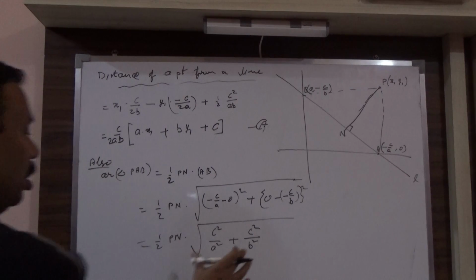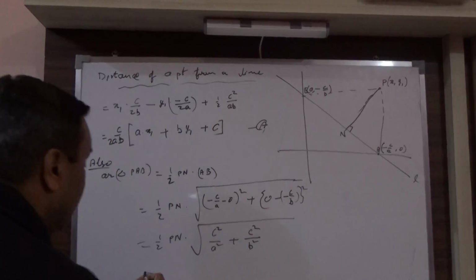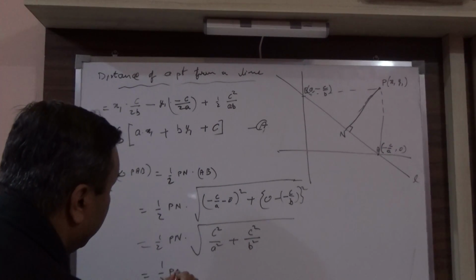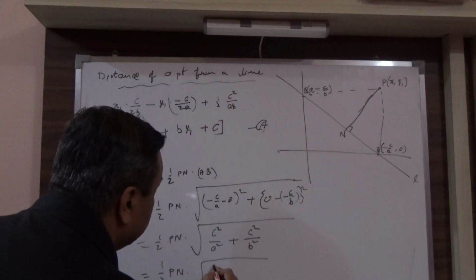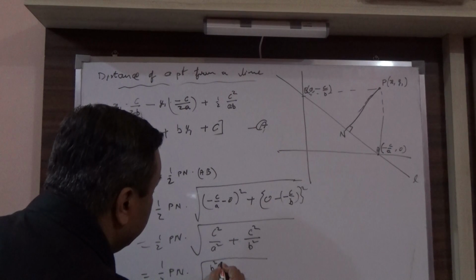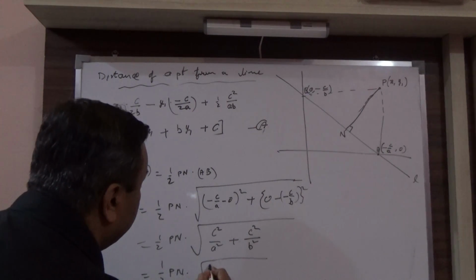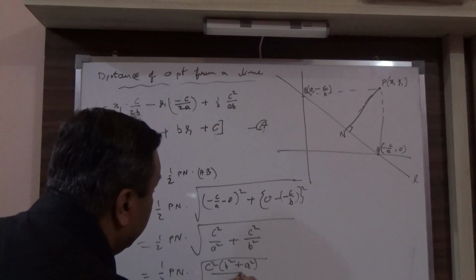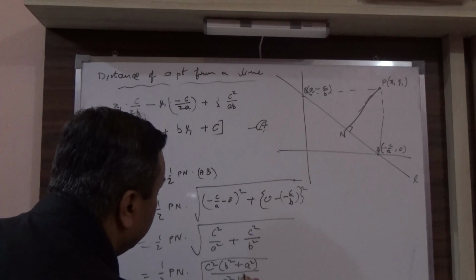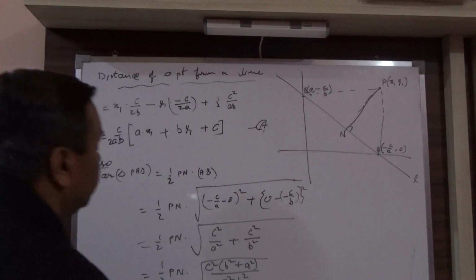Now take the LCM. What you get? Half of PN multiplied by C square times B square plus A square divided by A square B square.